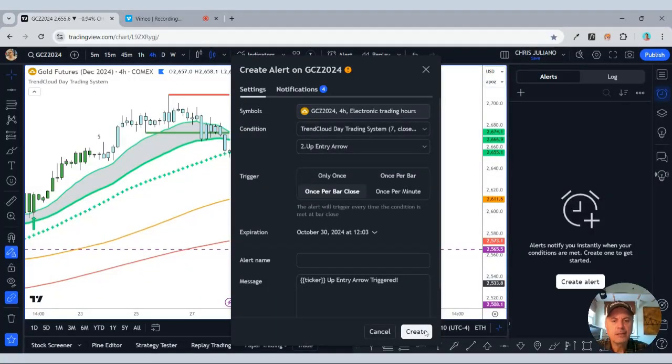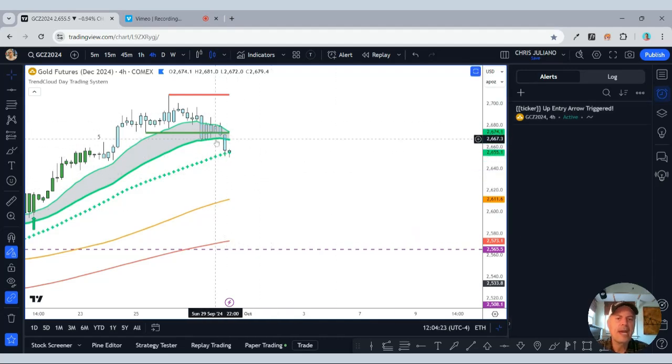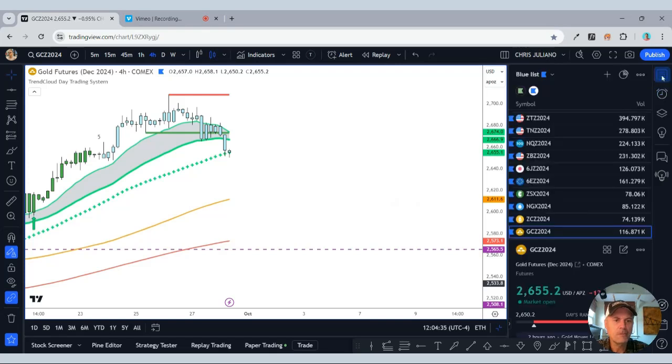Just hit create, and this is what I'm going to get a text. It's going to show me gold, upward arrow triggered. Click on that, boom, there you go. So the next time I get an upward arrow on my 4-hour chart, it's going to send me a text. Maybe it's 7 o'clock at night, you're having dinner and you get a text. Hey, let me go check my stock chart here or futures chart.